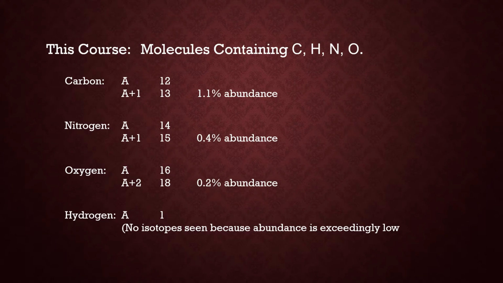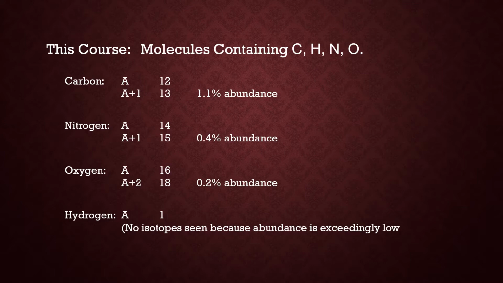Just to review from parts 1 and 2, we're going to focus on molecules containing C, H, N, and O, and we have the isotope distributions, namely carbon being an A+1 element, having a carbon-13 with 1.1% abundance, nitrogen also being an A+1 having a 0.4% abundance at M/Z 15, and oxygen being an A+2 element having an isotope satellite 2 units away, 18, having a 0.2% abundance.